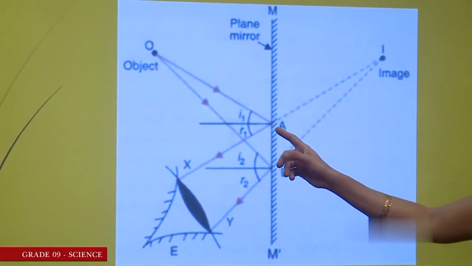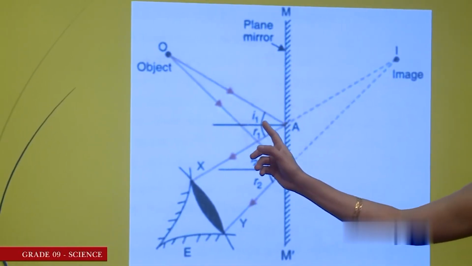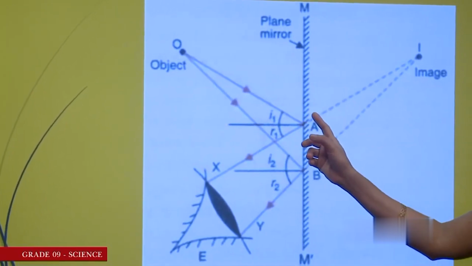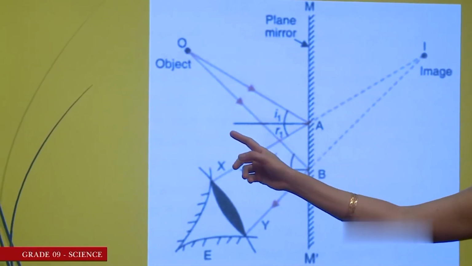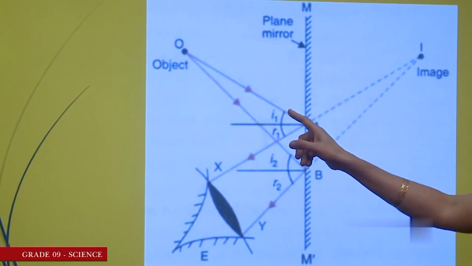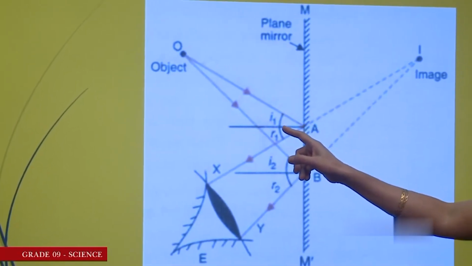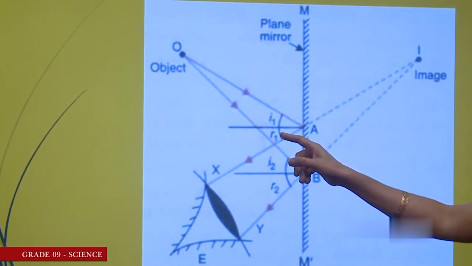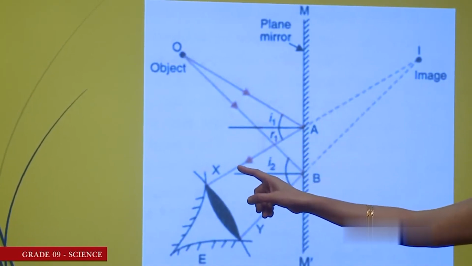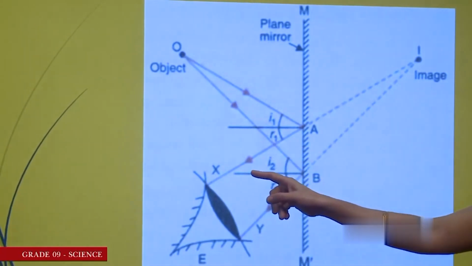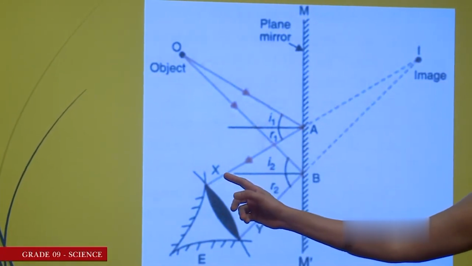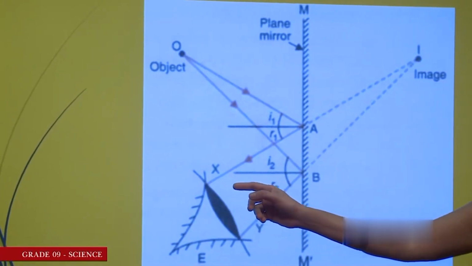Then keep the protractor and draw the perpendicular line at the point of incidence to the surface of the plane mirror. Then you can measure the angle of incidence and you can measure the same angle as the angle of reflection and mark the reflected line. Then use a ruler to draw the reflected light ray.